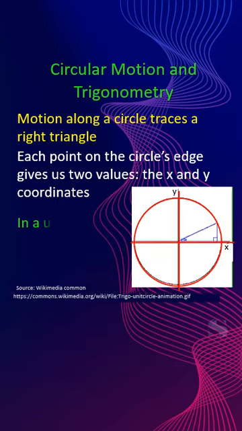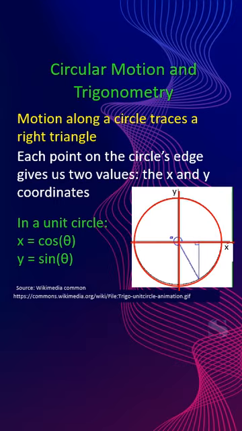In a unit circle, the x-coordinate is the cosine of the angle, and the y-coordinate is the sine of the acute angle of the triangle subtended at the center. That's why circular motion naturally leads us to trigonometric functions and gets us ready to start graphing sine and cosine waves. We are now ready for graphing the functions.